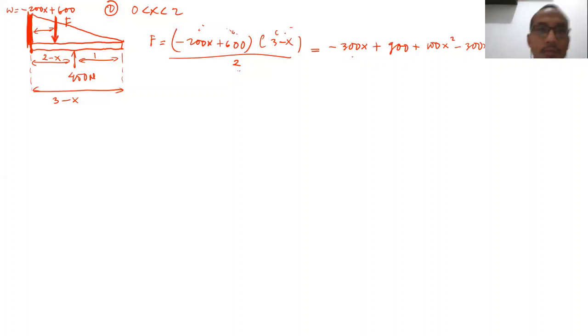Yeah, this one is supposed to be correct. Let's simplify it. So it's supposed to be 100, I put it outside, x squared minus 6x plus 9. This is the equation of F.